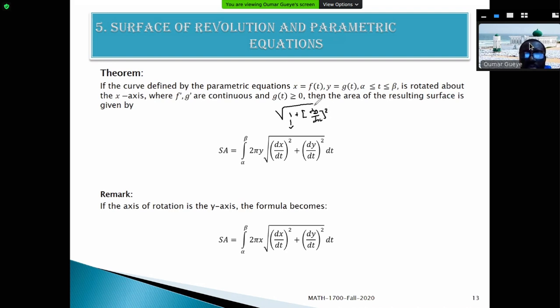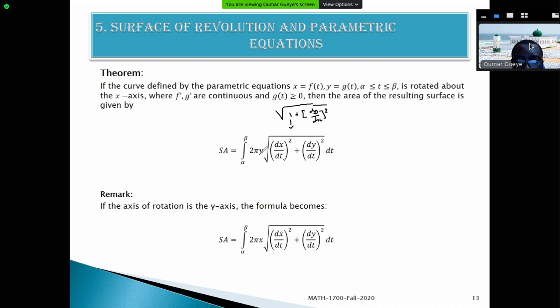If you use the previous formula, you'll get the same thing, but this is just to simplify and adapt it to the situation when you have a parametric curve. So this is exactly the same formula, except that we have to do our integral with respect to t, because x and y depend on t, not x. That's why you have to integrate with respect to t.